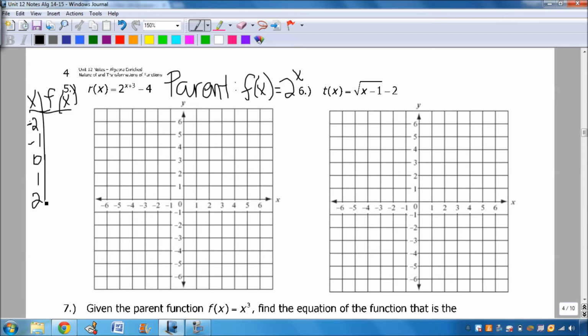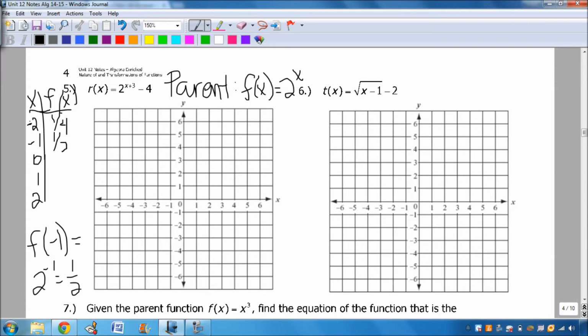Now, don't forget to figure out what f of -2 is. It means you're going to do 2 to the -2nd power. Well, 2 to the -2nd power means 1/2 squared, so you should get 1/4, okay? And then if I were to do this for f of -1, f of -1 would be 2 to the -1st power, which ends up being 1/2.